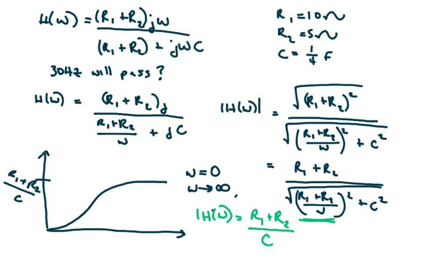So then the behavior of our transfer function is something like this. Okay, so now we want to know if 30 hertz will pass through.